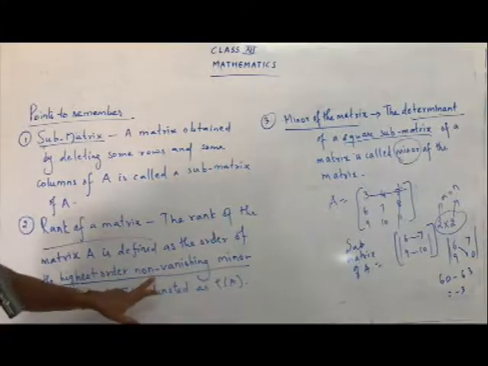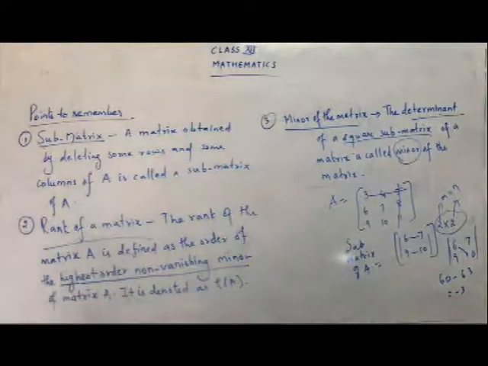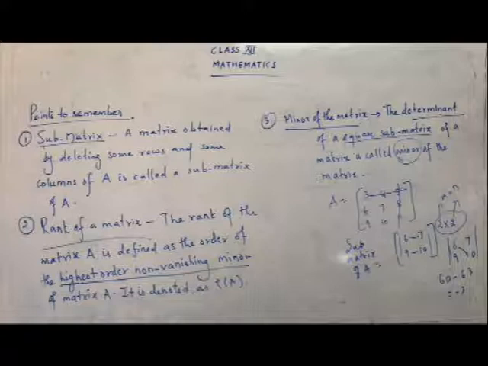What is the meaning of non-vanishing? Non-vanishing means the answer should not be equal to 0. Vanishing means disappearing, that is, the answer is 0. But non-vanishing means the answer should not be equal to 0. So this was the definition. I hope you have taken all the 3 definitions.